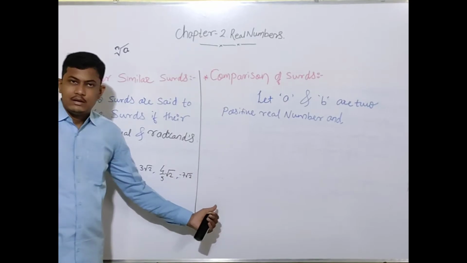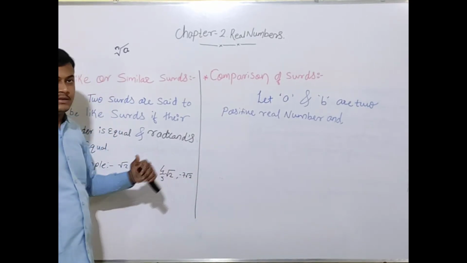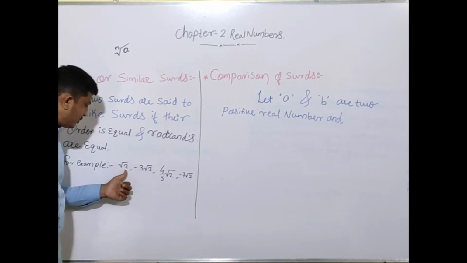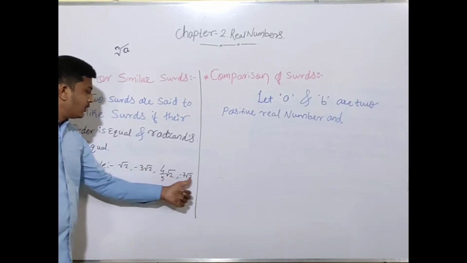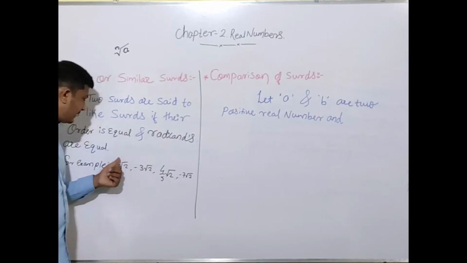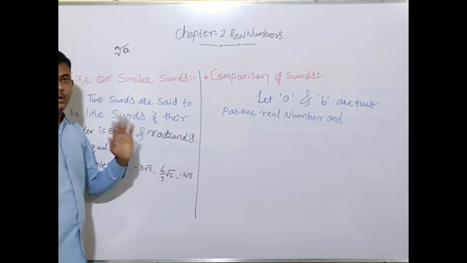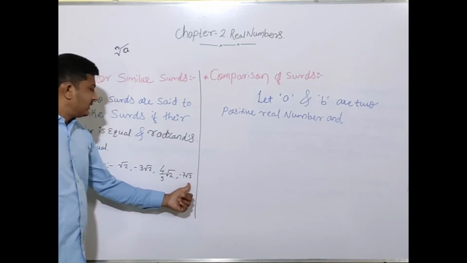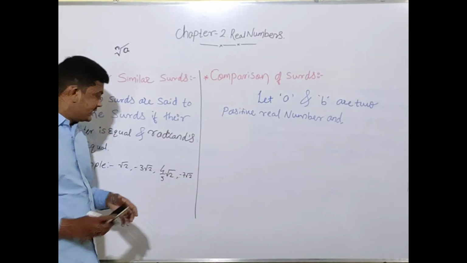These are like or similar surds because here the radical element is the same, root 2, and the order is also the same, that is 2. So the given four surds are like surds.